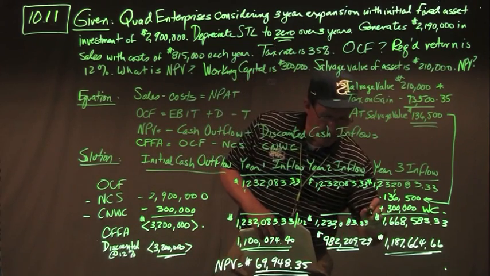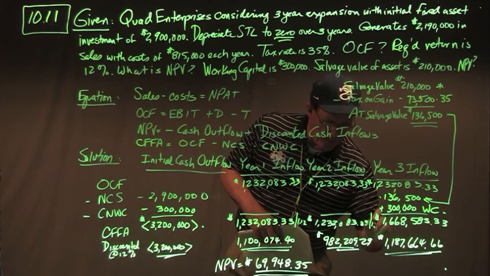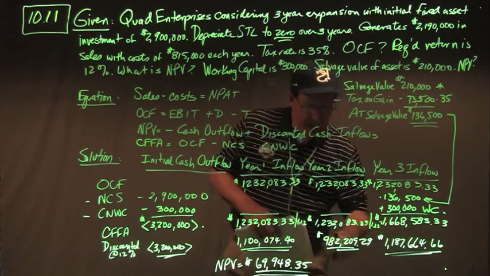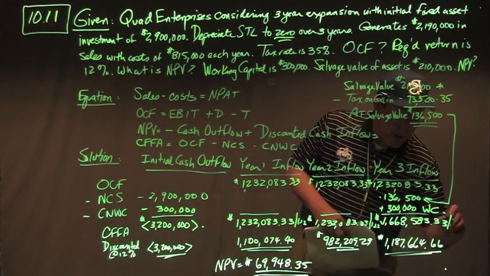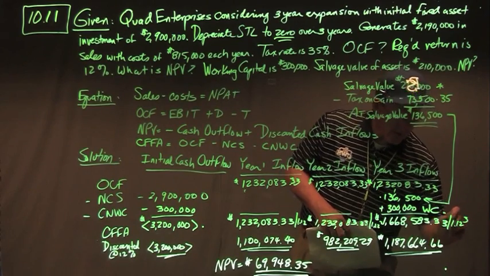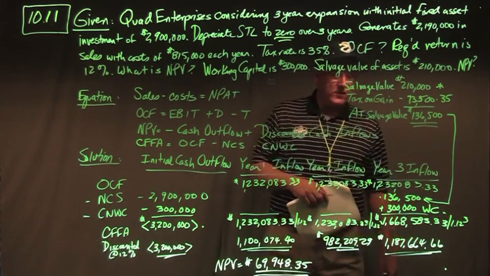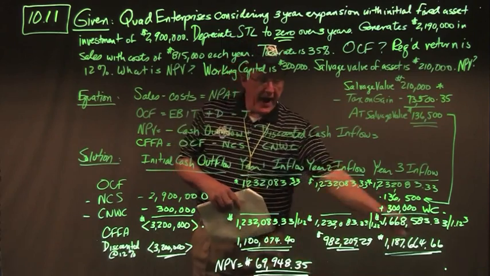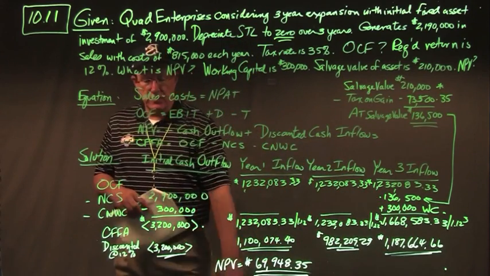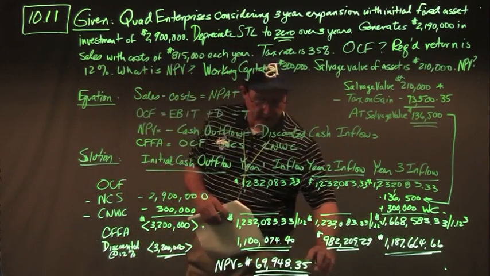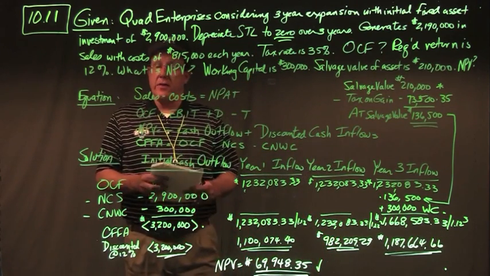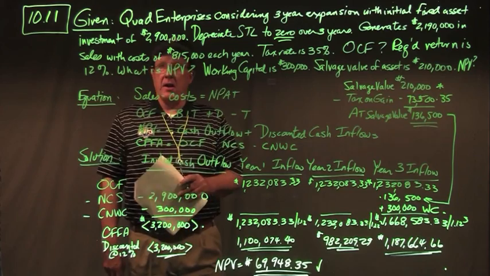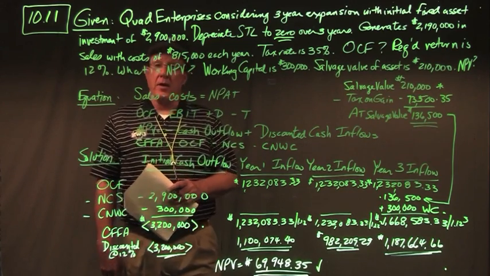Just like in the last problem, I divide my second cash flow by 1.12 squared. I get 982,200.929, and my third cash flow I divide by 1.12 cubed to get 1,187,664.66. Add all these discounted cash inflows to my cash outflow, and I get an NPV of $69,948.35. And there are your answers to problem number 11.